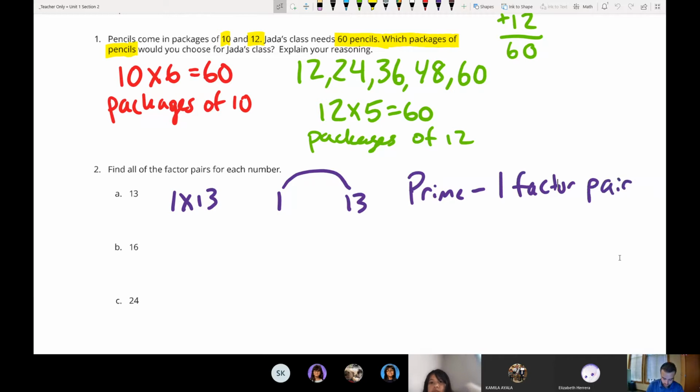Nice. Let's look at 16. I'm going to use a colorful pen for this one. Who can help me find the factor pairs of 16? Katie? 1 times 16. Okay, we have 1 times 16. So we have 1 and 16. Does 2 go into 16?